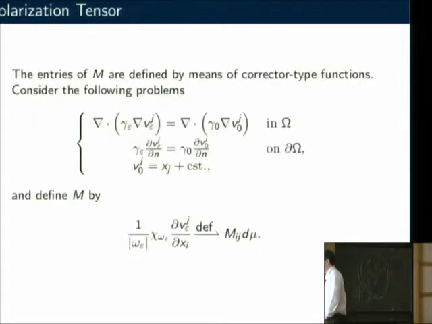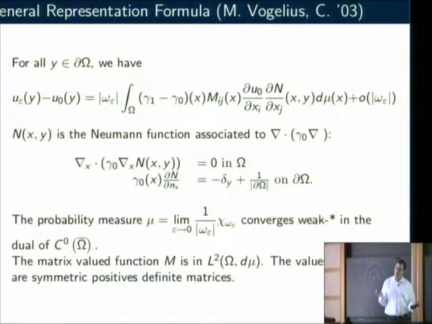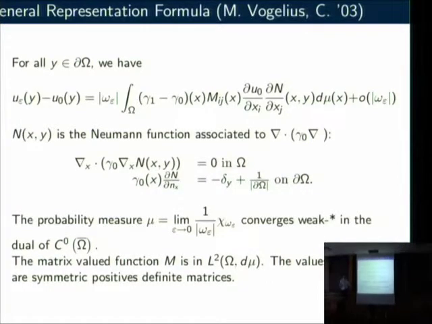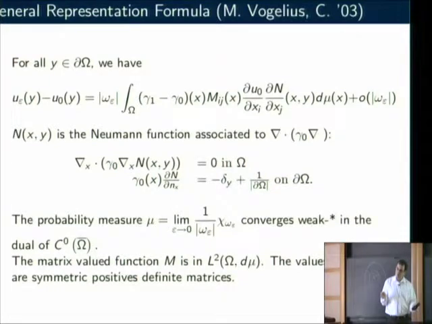But I don't see how you can find an M if you don't know what the gamma is. You're looking for the gamma, I thought. Well, you can decide one thing or the other. You can say, if I know gamma 1 in my inclusion, can I find the shape of my inclusion? Or if I don't know the shape, can I give a bulk estimate of what is the contrast times omega?